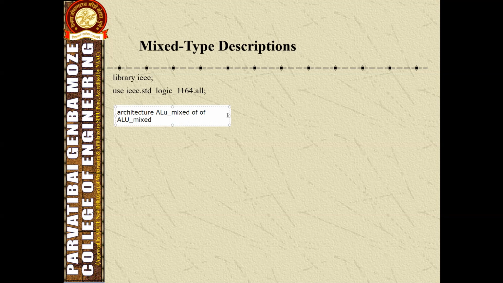In the previous structures, we have seen how entity and port are declared. So in today's lecture, I am not going into the entity part; I am going directly to the architecture part. You can try the entity part yourselves.